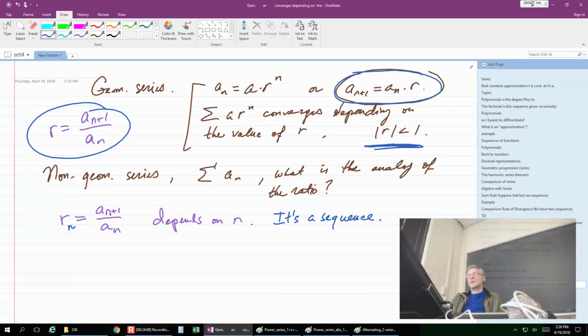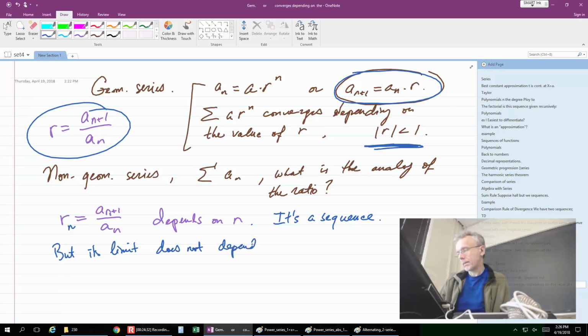And then we want to have a similar restriction on our series, which is not geometric. We want to have as definitive an answer as with the geometric series, but it depends on n. It depends on n, but its limit does not. So what if that limit exists? We take R, define it as the limit of a_{n+1} over a_n.